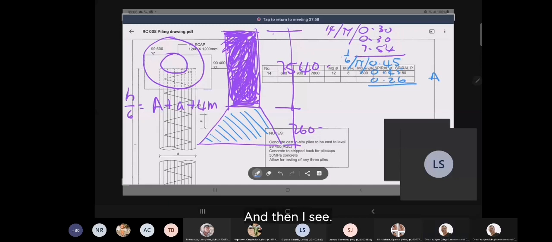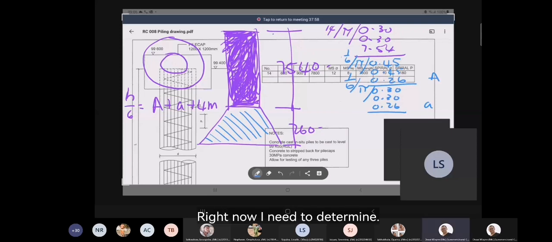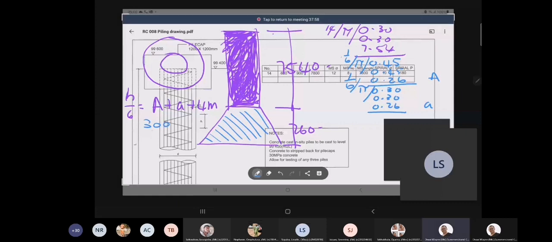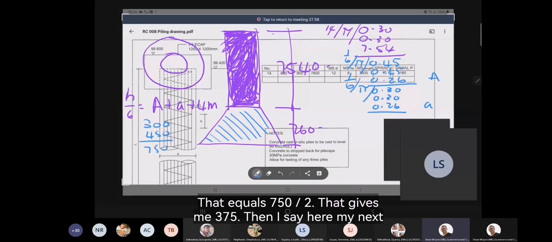Then I say 0.3, 0.26 times 5 times 1 over 6. All with me? Right? Now I need to determine, and here I say 300 plus 450, that equals 750 divided by 2, that gives me 375.